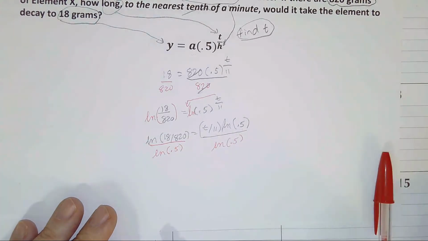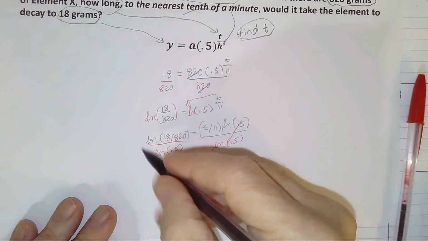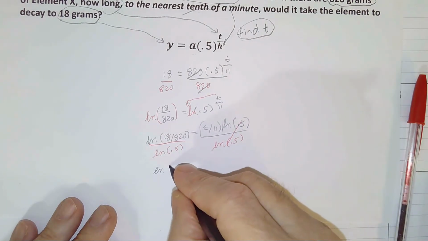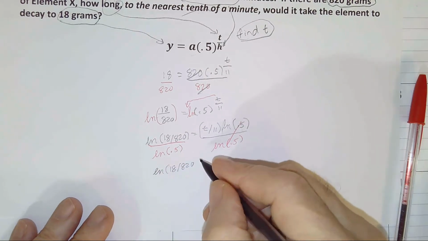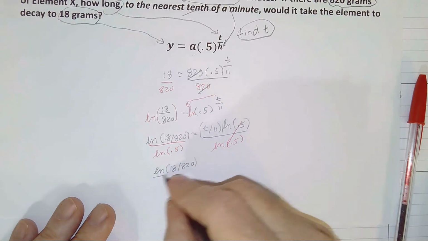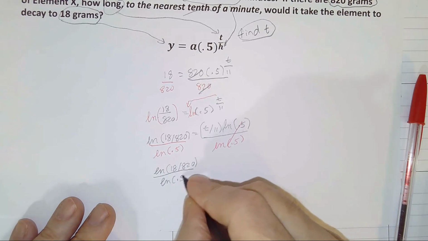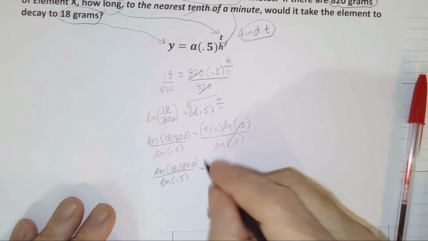And when we do that, of course, we can cancel this here. So now we have this, which is now a number, natural log of 18 divided by 820, divided by the natural log of 0.5, and that equals t over 11.